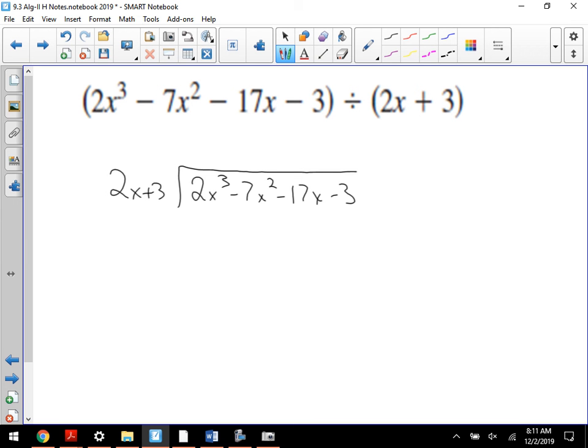X squared, good. So we just start lining it up. Distribute through. The 2's go away. -7 minus 3 is how much? -10, good.